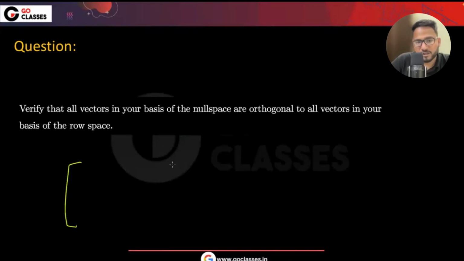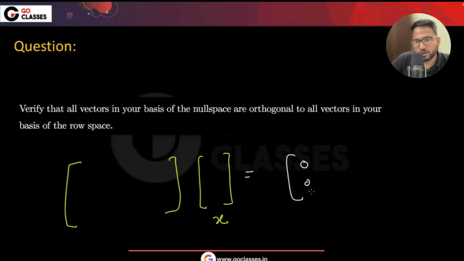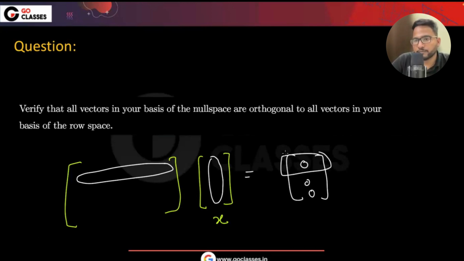Let me give you an example. Let's suppose it is the null space, and it is giving you the zero. How do you get zero? You multiply this row with this column, and then you get zero. So this row is orthogonal to some vector in the null space.